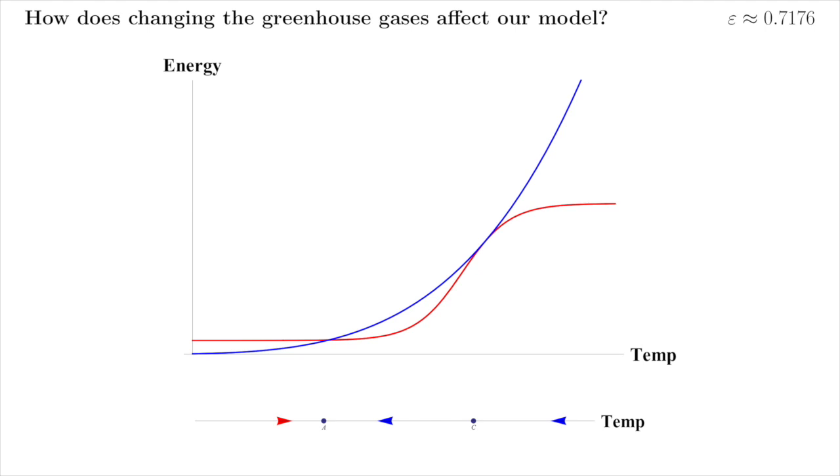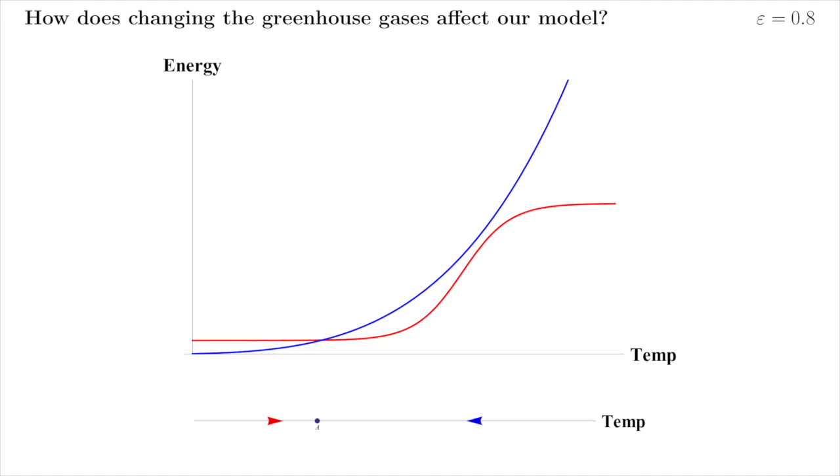And then if I increase it a little bit more, so I reduce the greenhouse gases, making the atmosphere thinner, making the planet emit more energy back out into space, we're left with only one equilibrium solution in that cold state down to the left at A. What this phase line tells us is that if we are anywhere on this temperature range, either to the left of A, right at A, or to the right of A, it doesn't matter.